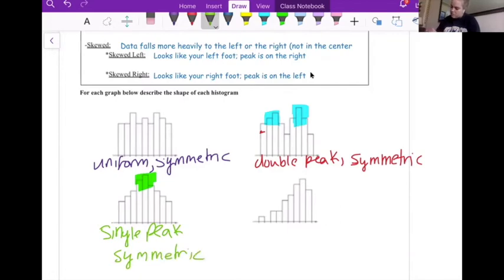And then this one is a single peak, but it is skewed. Because our peak is on the right, this looks like our left foot, so this is skewed left.